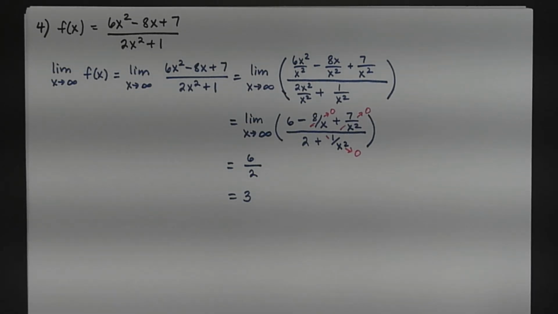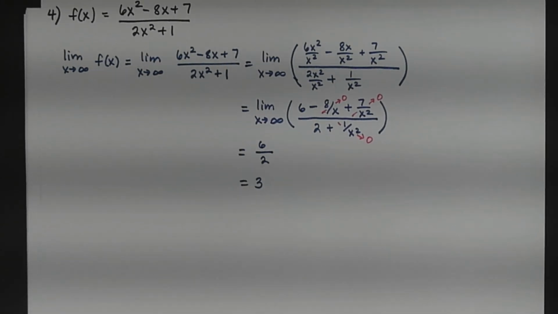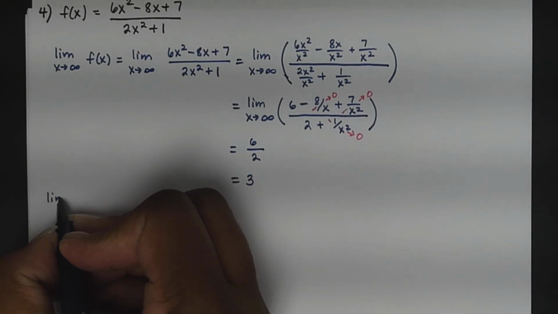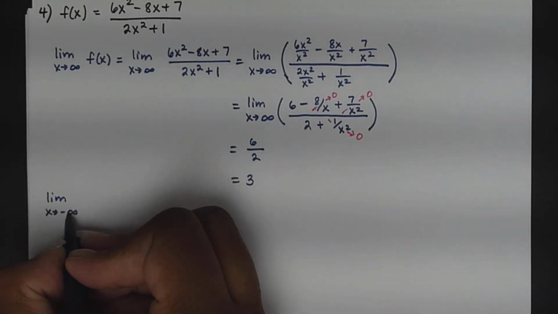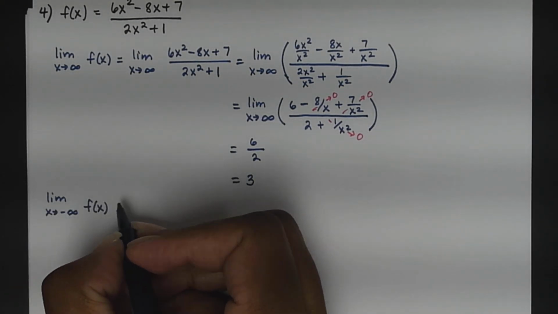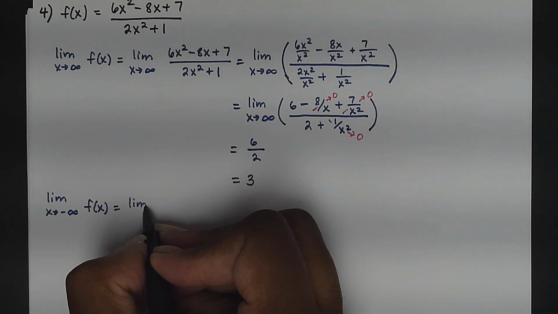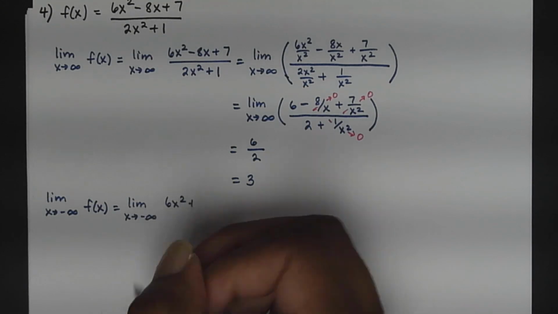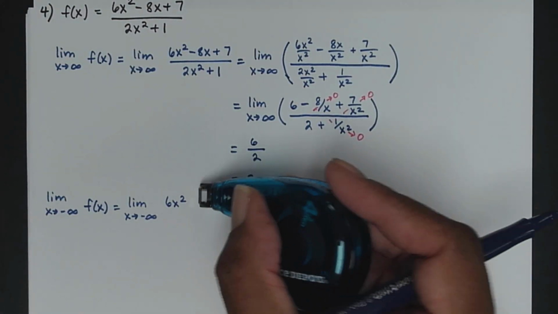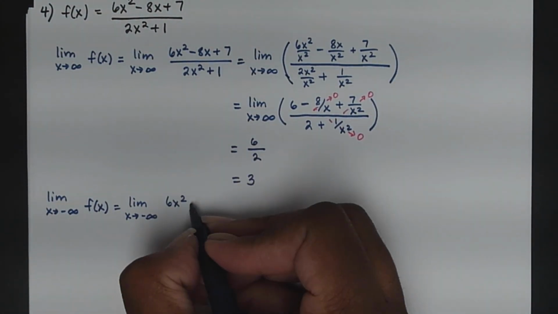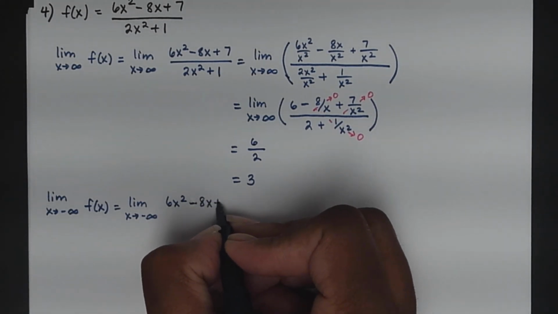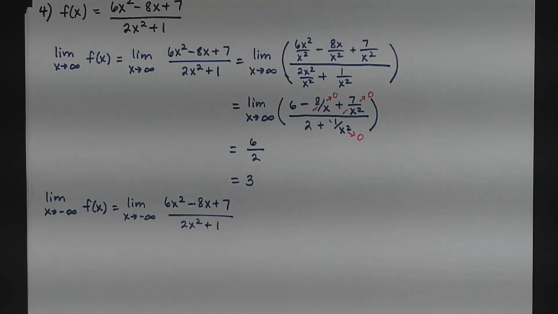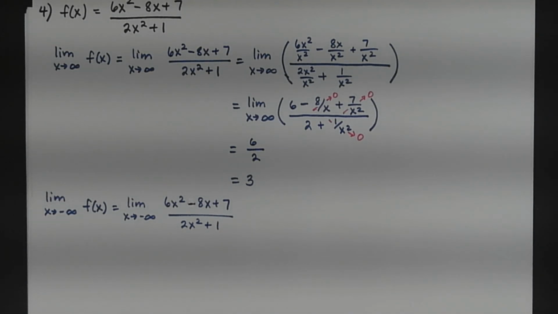Okay? Now, if I take the limit as x approaches negative infinity of f of x, and I go through that whole thing that I just did for positive infinity, I'm going to end up getting the same thing.